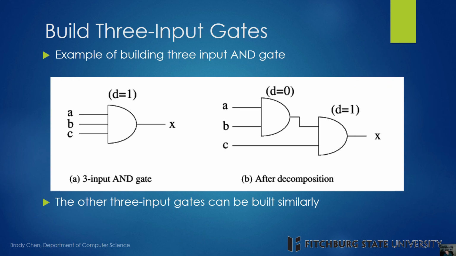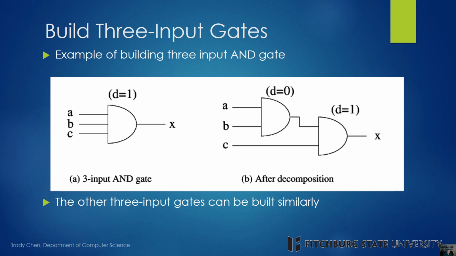So far we have talked about how to build a NOT gate, NAND gate, AND gate, NOR gate, and OR gate. Now, in this slide, we're going to briefly talk about how to build a 3-input gate from 2-input gates. It's pretty simple.